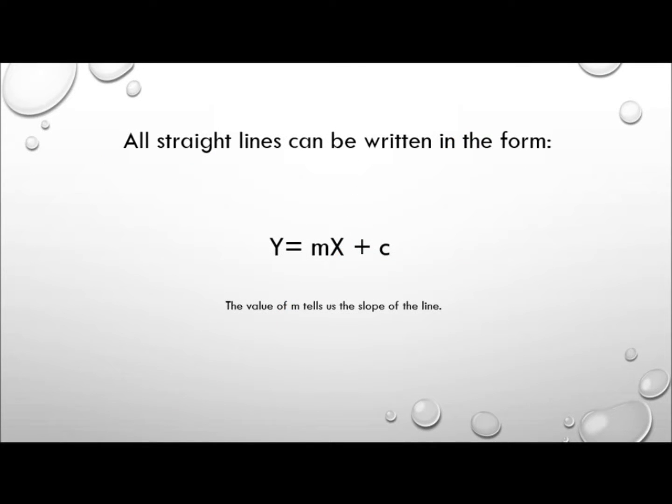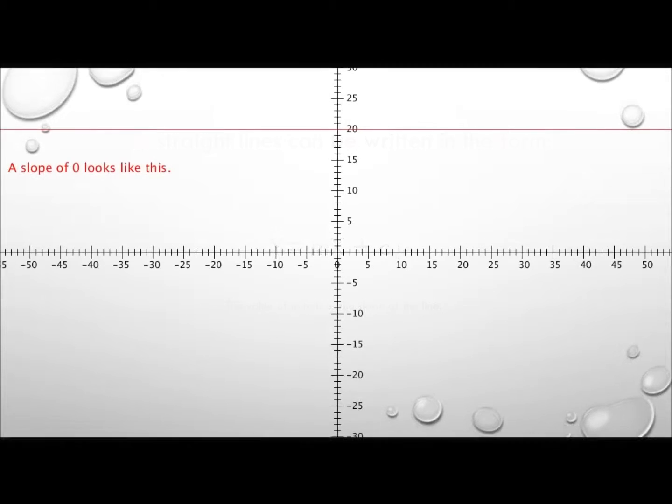The value of m tells us the slope of the line. A slope of 0 is just a horizontal straight line which runs parallel to the x-axis. This could be on the x-axis or anywhere parallel to the x-axis.